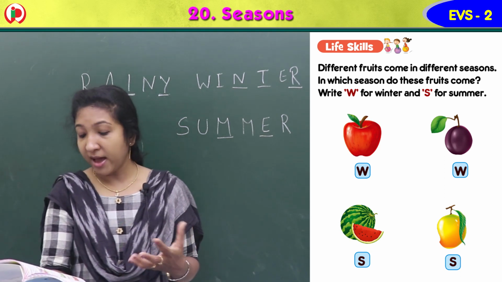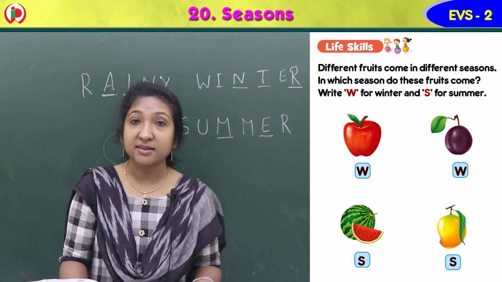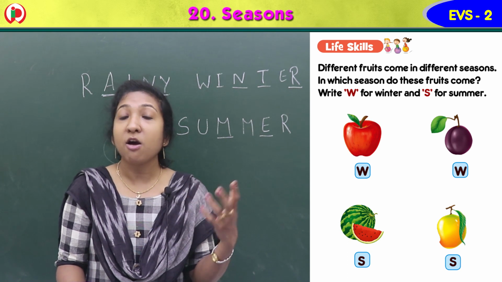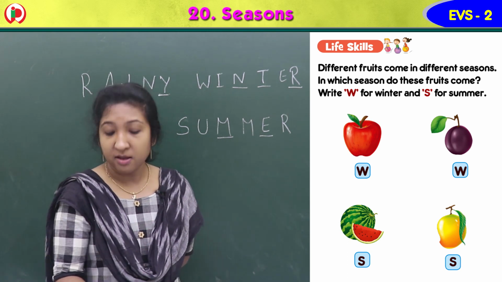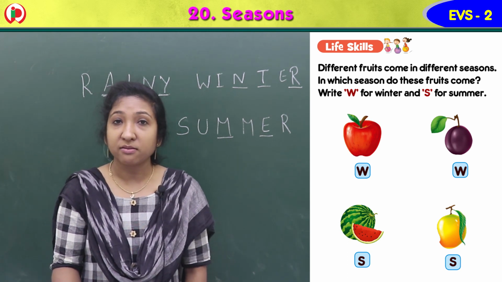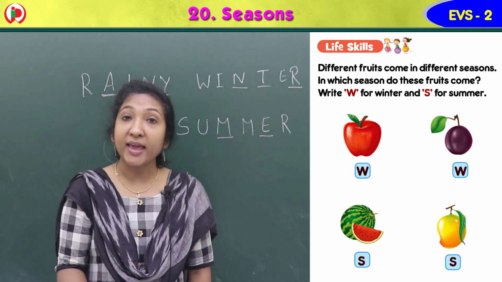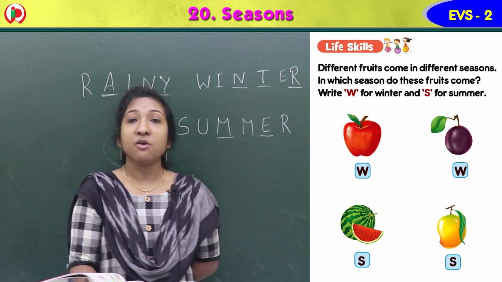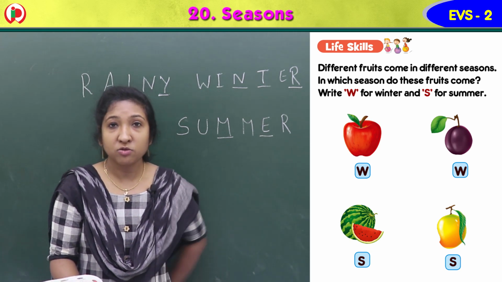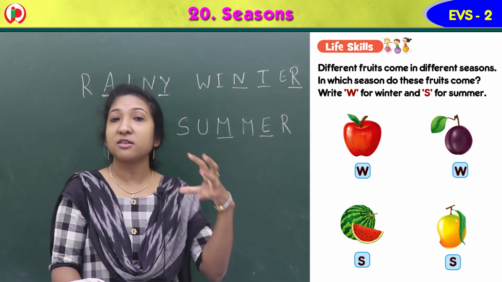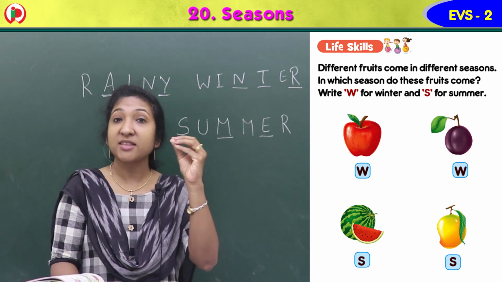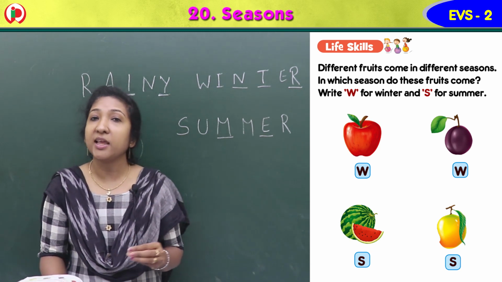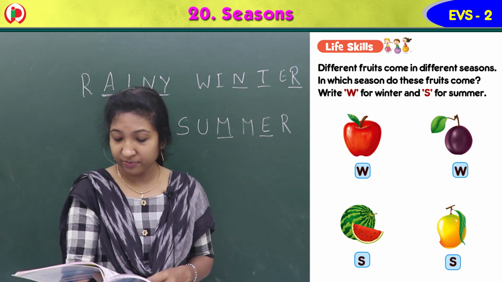Those who are in different states, the availability of fruits is different over there. So you can write according to that. Okay children, if you get apple and plum there, you know in which season you get these fruits in the place where you are. Accordingly you can write.